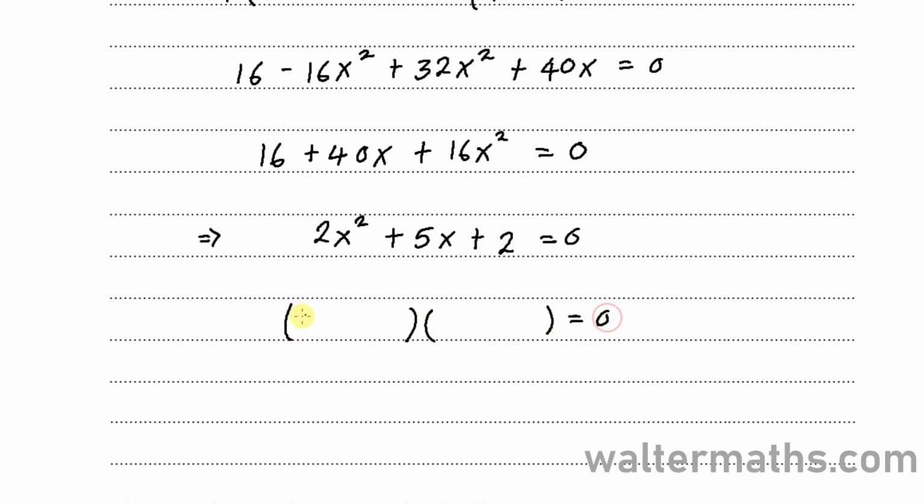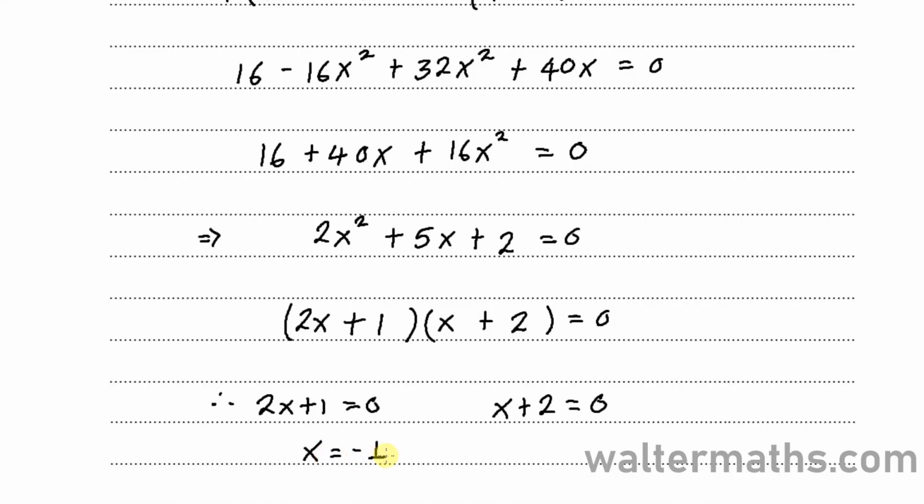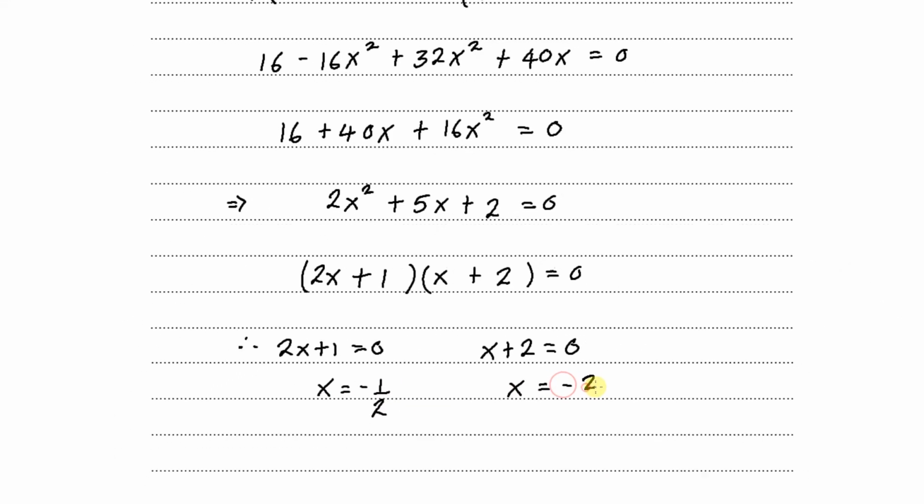We'll be having here 2x and x, and we'll be having here 1 and 2. So that's plus and plus. Which therefore means that either 2x + 1 = 0 or x + 2 = 0, such that x is equal to minus a half, and here x comes out as minus 2.